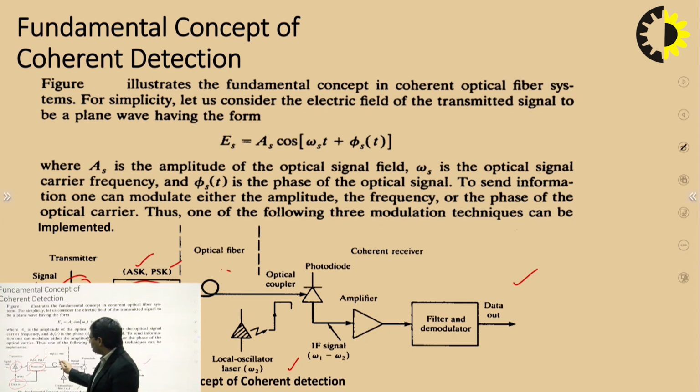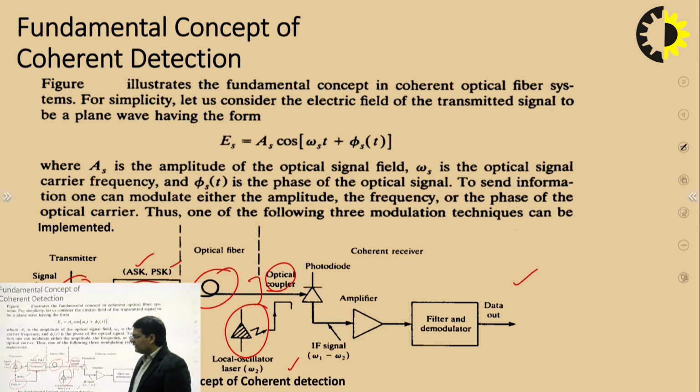Then the signal passes through the optical fiber cable. Then we have a local oscillator, and the two signals are coupled together using the optical coupler, and the combined signal is incident over the photodiode or photodetector. Then we get the corresponding photocurrent, and here we get the signal W1 minus W2, the intermediate frequency.